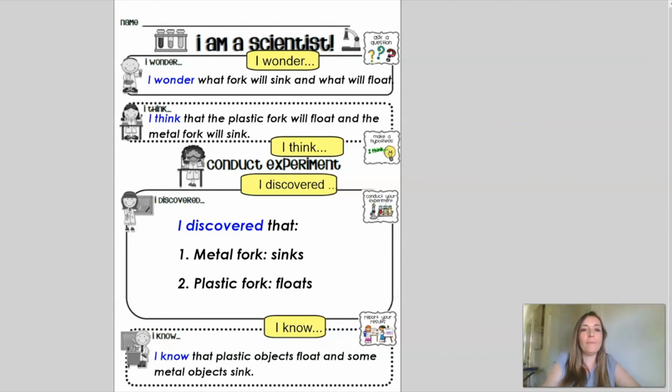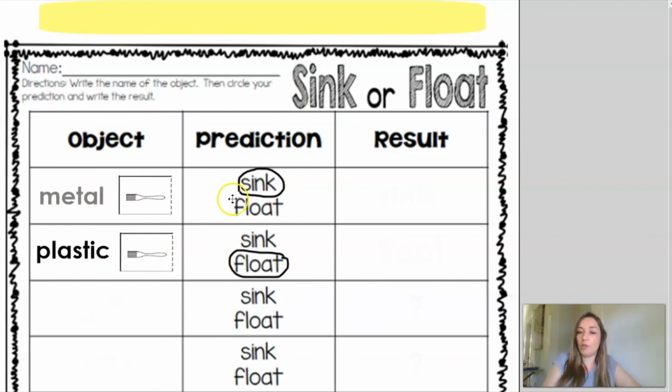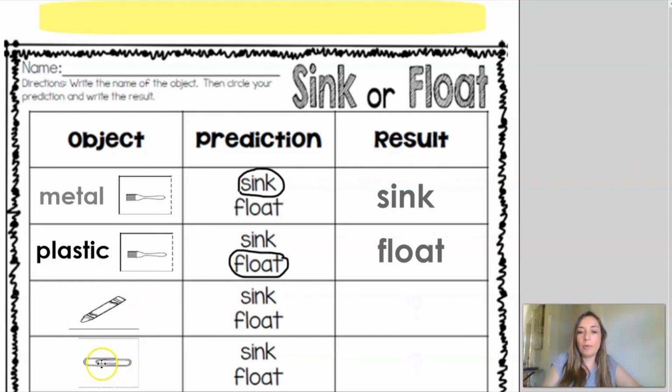Okay, very good. So what I want you to do now is you can do the same experiment as Miss Martin did. You can use a metal fork and a plastic fork, make your predictions and record your result, and then present your result. Or you can use other objects like a crayon or a paper clip.